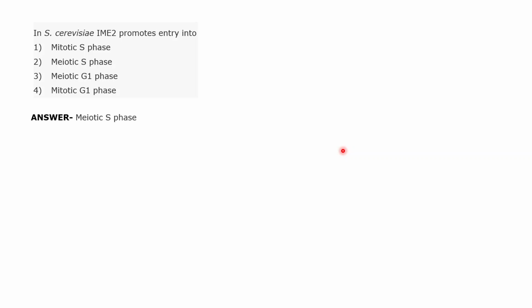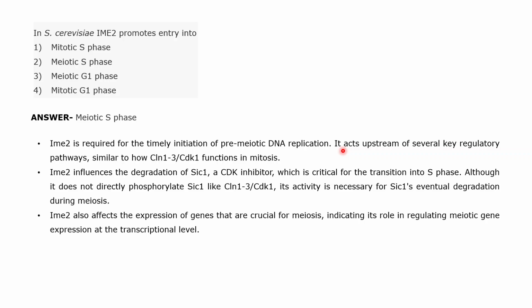The option is meiotic S phase, that is entry into the meiotic replicative phase of DNA. Basically IME2 is required for the timely initiation of pre-meiotic DNA replication, that is the S phase, right? Before meiosis 1 has started, DNA should replicate, only then homologous chromosomes are formed. Meiosis 1 happens, then meiosis 2 happens.